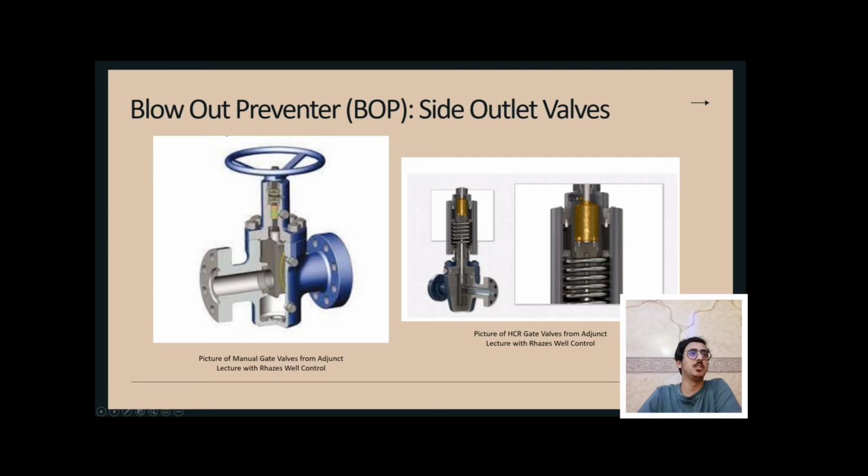And now, as you see in this slide, we have two pictures. The first one on the left-hand side is the manual gate valve, and the other one is the HCR gate valve. So what are these used for? A surface BOP stack comes with one manual gate valve and one hydraulic control remote, HCR, valve.